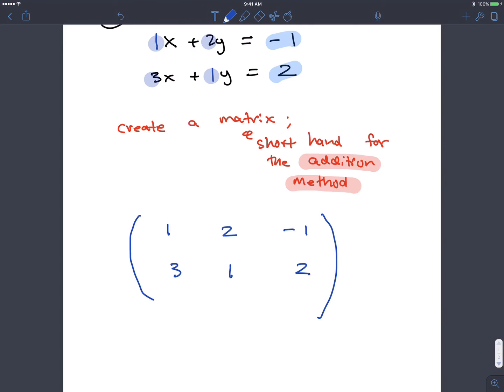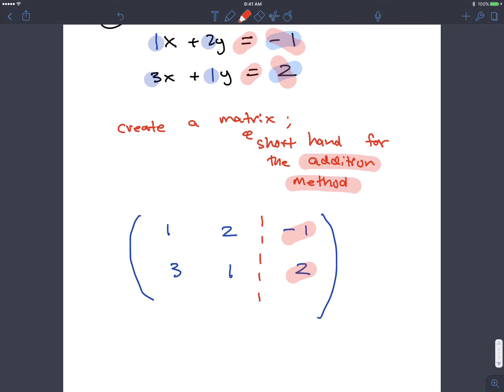We're entering every coefficient and the values that these equations are equal to into our matrix. Now, this is called an augmented matrix, and what that means for us is simply that we are augmenting this matrix with, this is my equal sign here, the values for which it equals. So these are the values here that we're augmenting this matrix with.